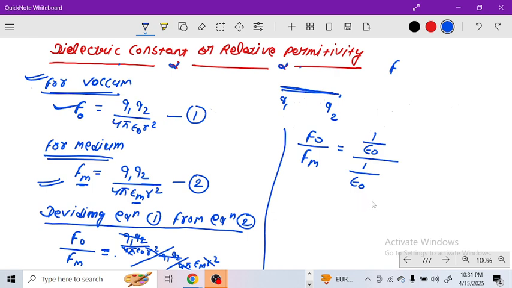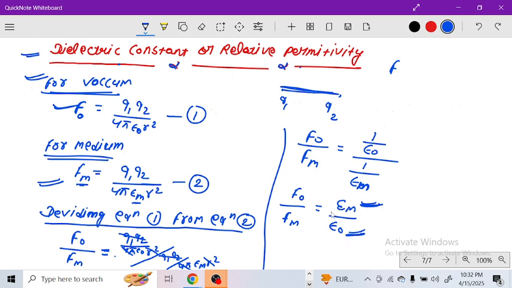So I can also write it as F naught by Fm is equal to epsilon m by epsilon naught. Understood, Kavya? Yes, sir. And what is the definition of dielectric constant, Kavya? It is the ratio of absolute permittivity of medium to the absolute permittivity of free space.